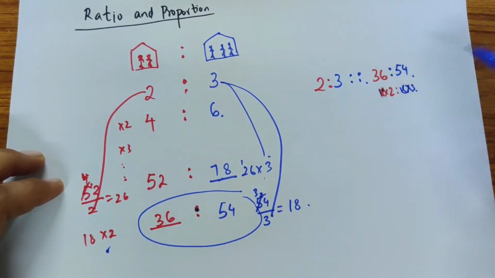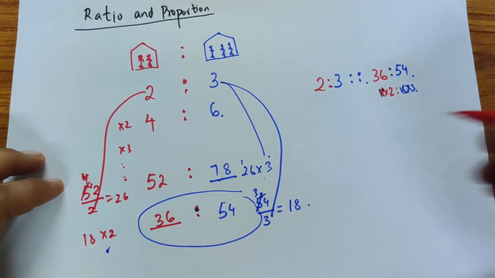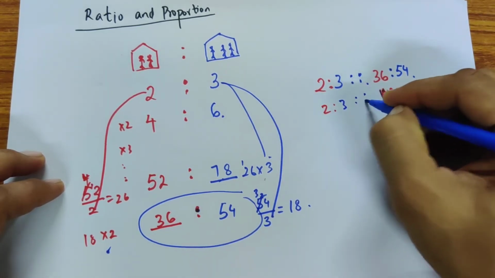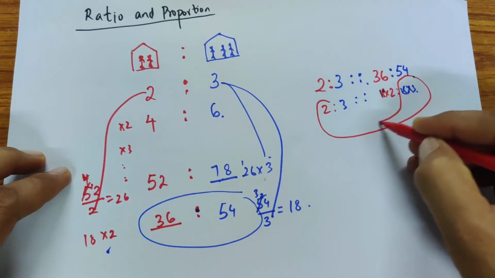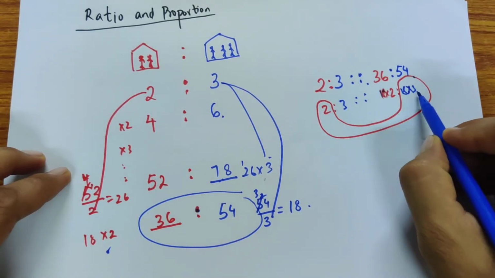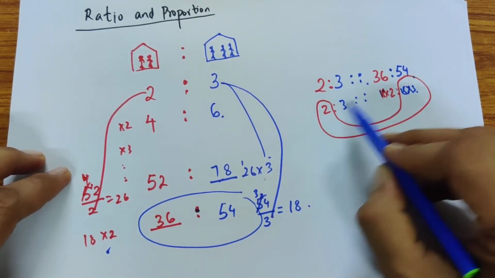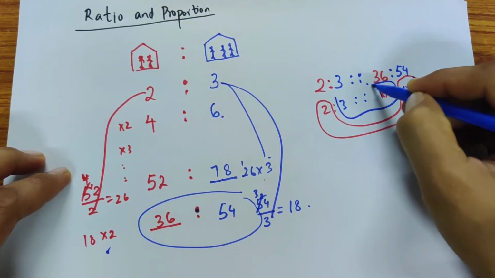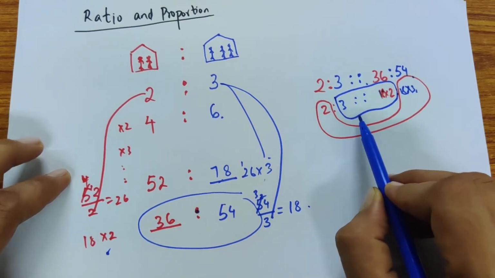So if we look at the external terms, let's say 2:3, I'll just write it again. If you look at the product of this, 2 will be there, the 3 will also be there, and 18 will also be there. The number of days is there, how much the first one uses and how much the second one uses is there. And similarly, if you take the product of the inside, it's 18 times 2 as well as 3.